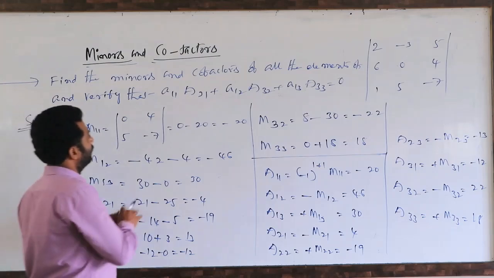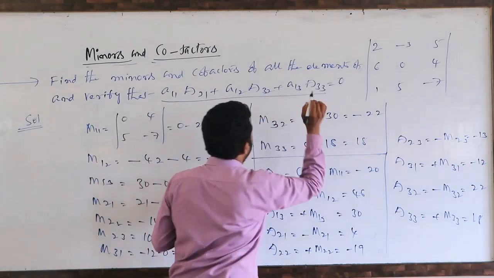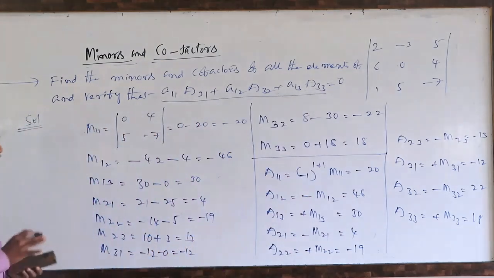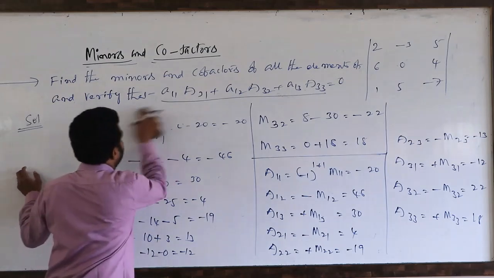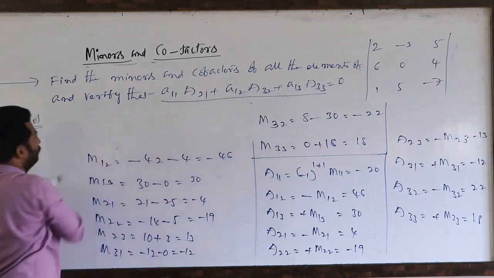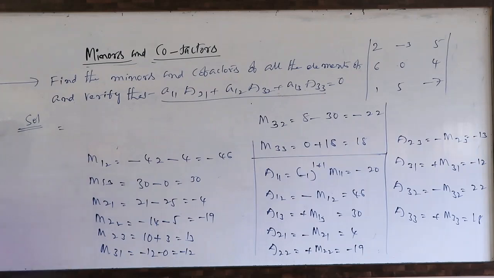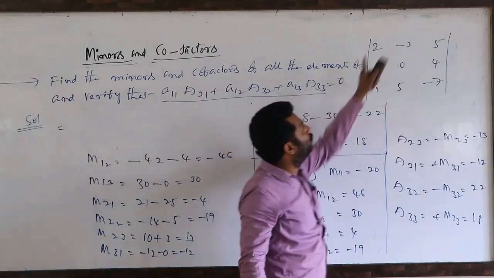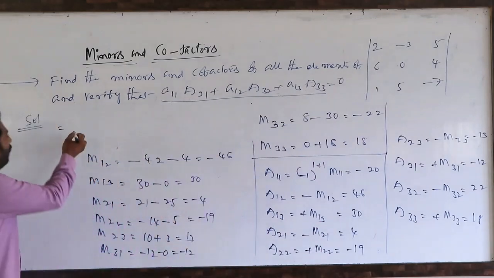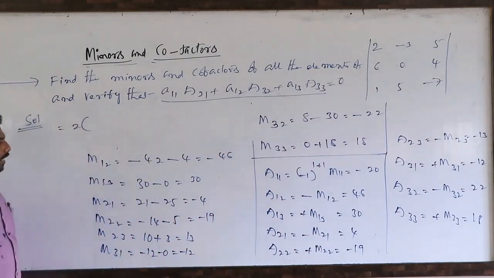Then, in the second part, we have to verify whether it is equal to 0 or not. Just this one I am taking here. A11. What is A11? First row, first column element, that is 2. A11 value 2, times capital A31.